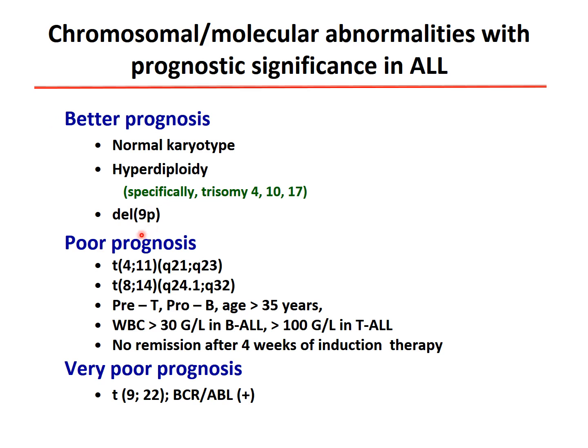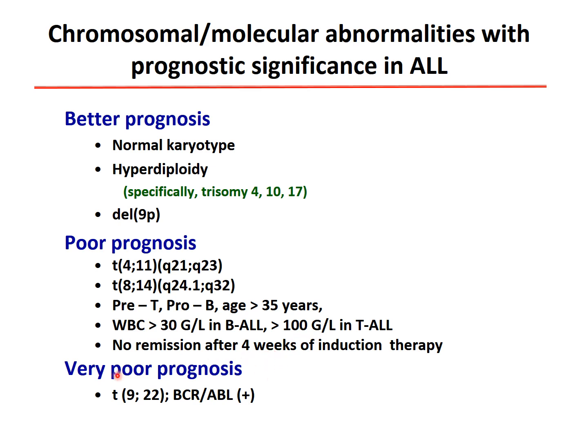Poor prognosis when we have some translocations, for example, or the age is higher, or the white blood cell count is higher, or no remission occurs with the treatment, so the patient does not respond to the treatment. These are bad prognostic features.